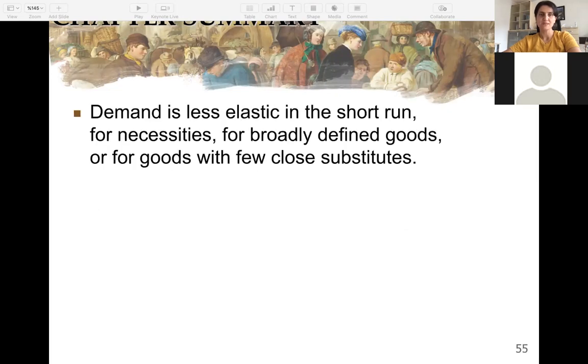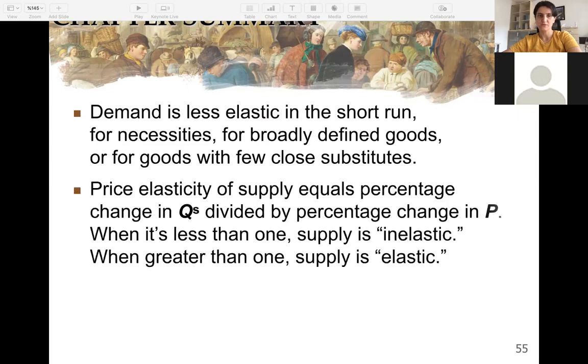Demand is less elastic in the short run, for necessities, for broadly defined goods, and for goods with few close substitutes. Price elasticity of supply equals percentage change in QS divided by percentage change in P. When it is less than 1, supply is inelastic. When it is greater than 1, supply is elastic.